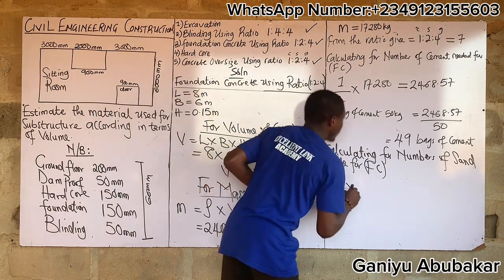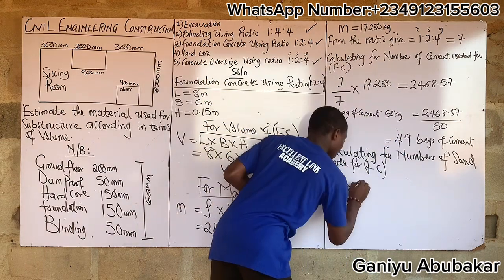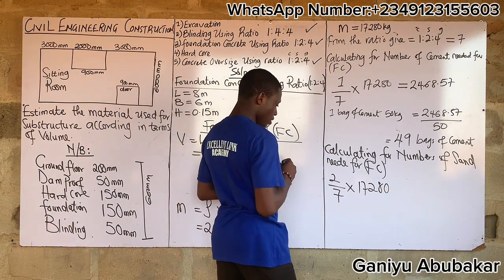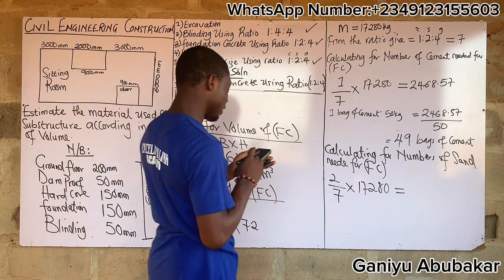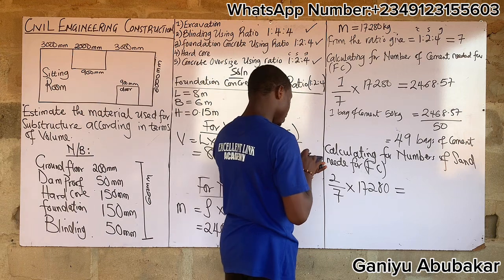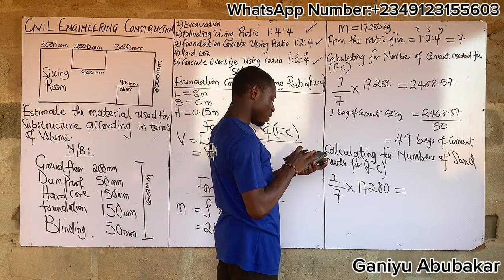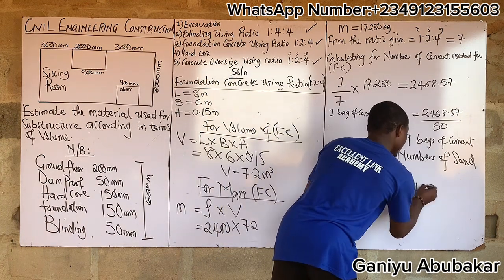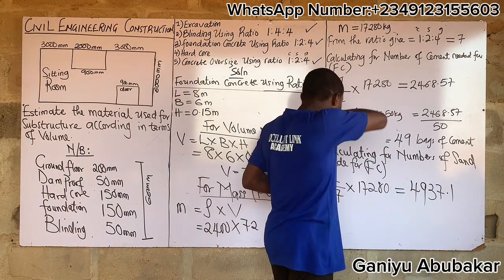My mass there is given as 17280. So my total amount of sand needed should be 2 times 17280 divided by 7. I have 4937.1.